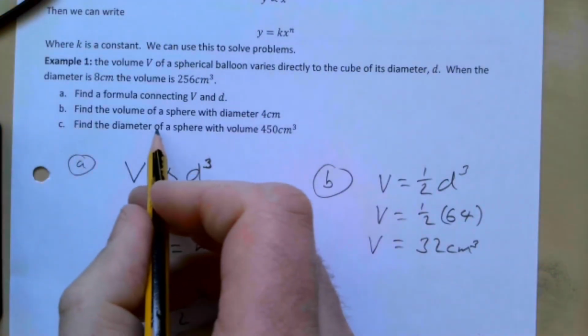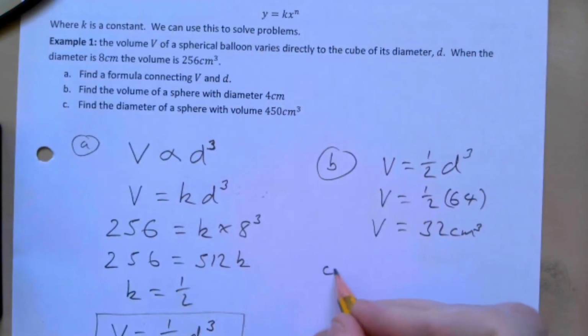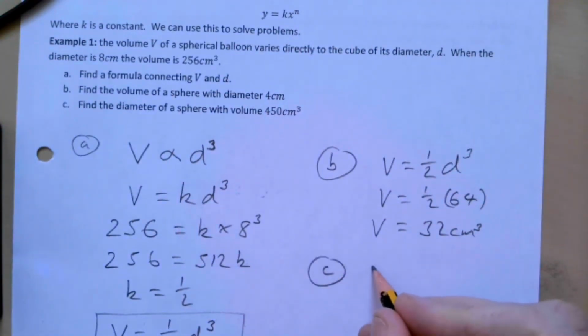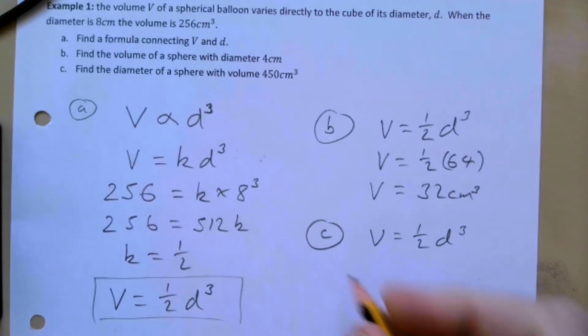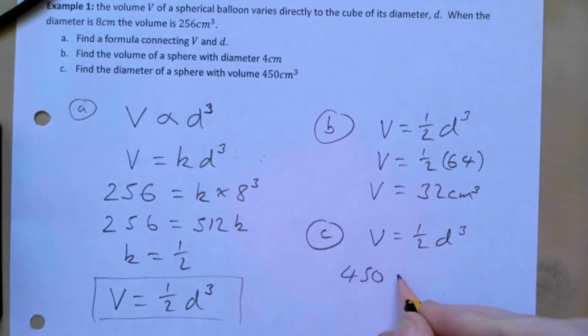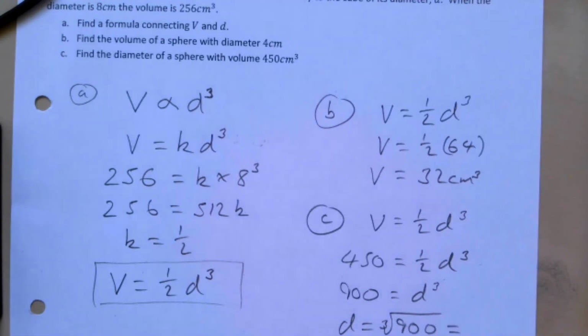Find the diameter of a sphere with volume 450. So we're putting it in the other way around. We know V is a half d cubed. So we know 450 equals a half d cubed. And we know then 900 equals d cubed. So d then is going to be the cube root of 900.